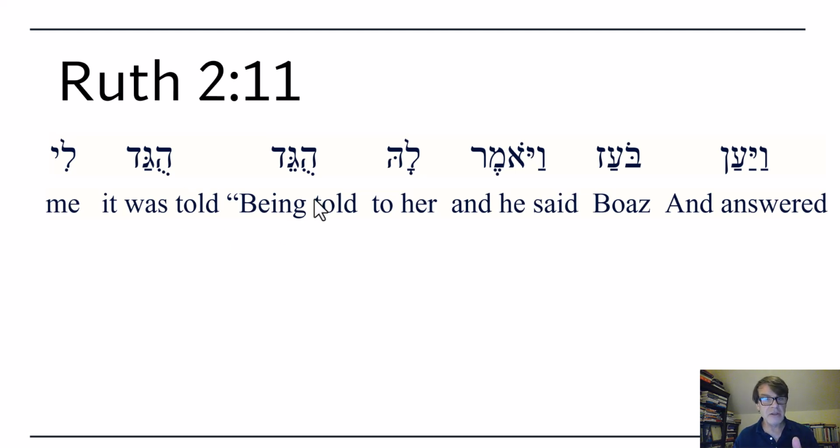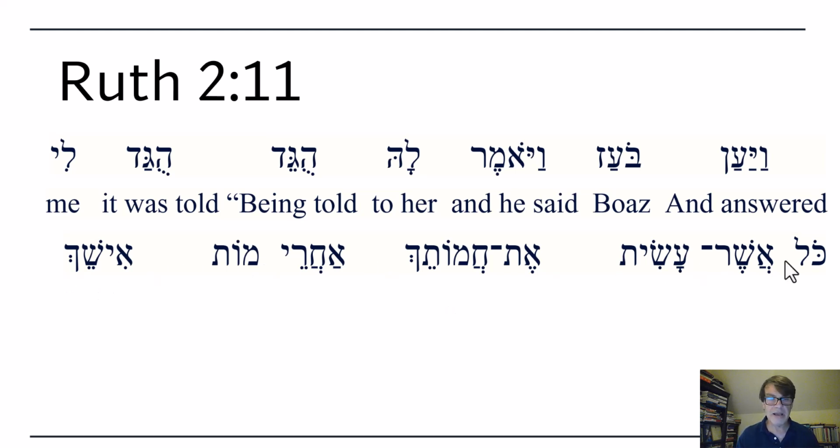The way that's usually structured is an infinitive absolute, then with the same verb. So it's dying, you will die, etc. Then li is la, to, and hireq yod is me. So la and li, to her, to me. So, and Boaz answered, and he said to her, surely it was told to me. For sure it was told to me.